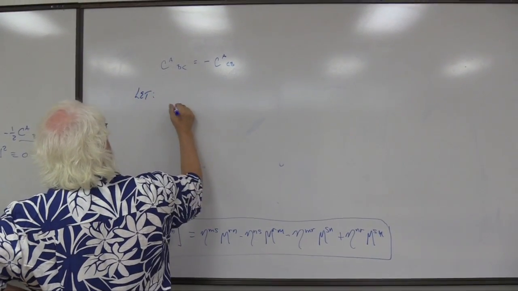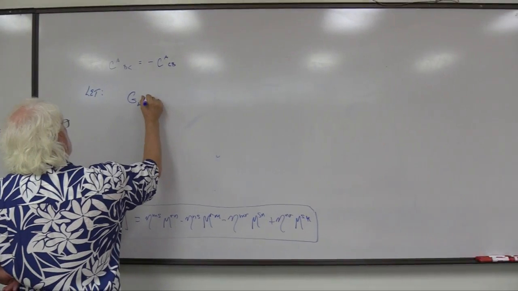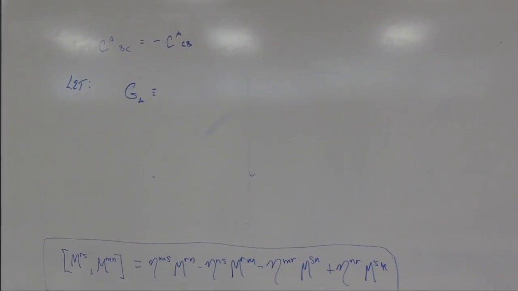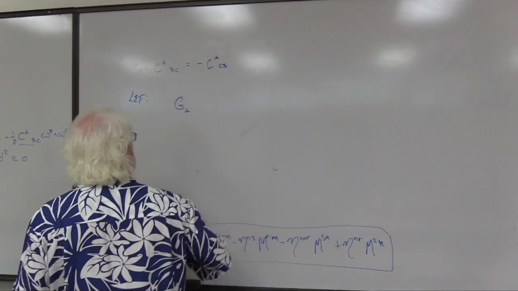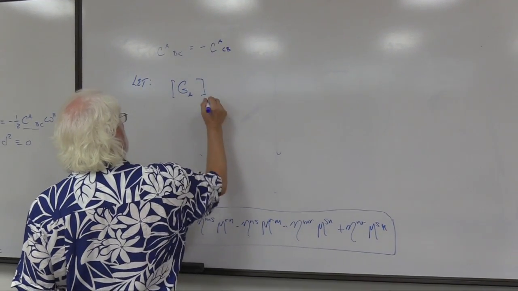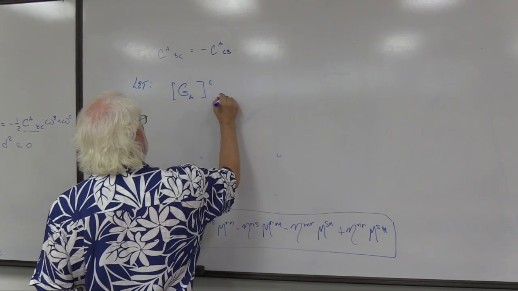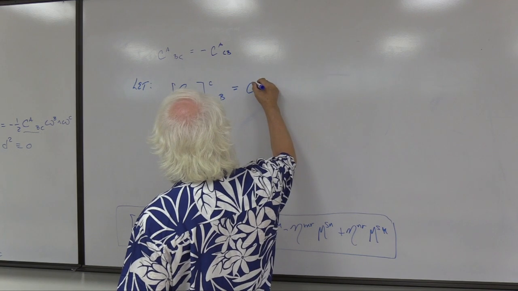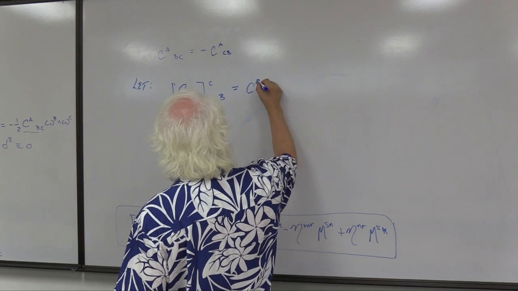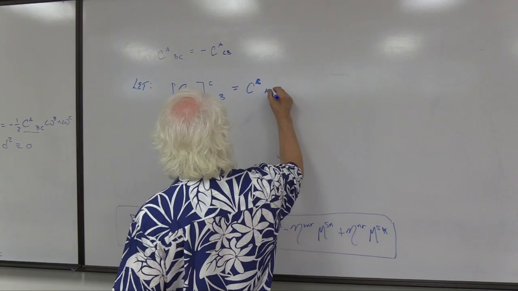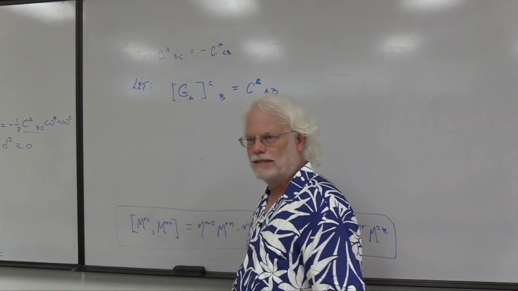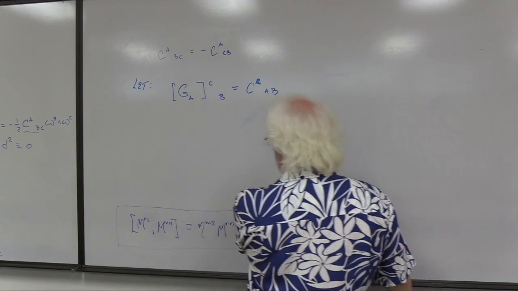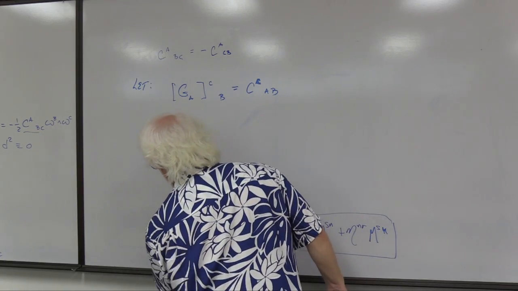Let G_A be a matrix so that I want the CB components of that matrix to be C^C_AB. All right, and I claim that that actually is a satisfactory choice for the generators.